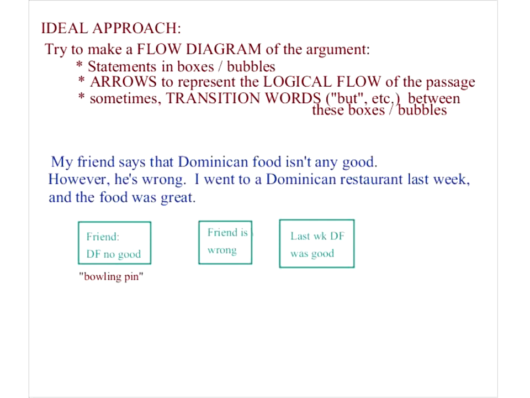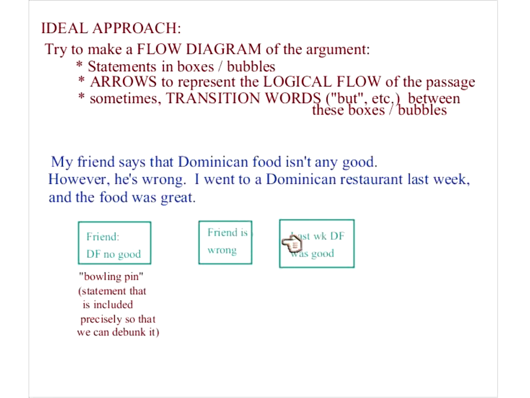So in other words, this is a statement that is included specifically so that it can be knocked down. It's included precisely so that you can debunk it. Debunk meaning, we can knock it down, we can disprove it.